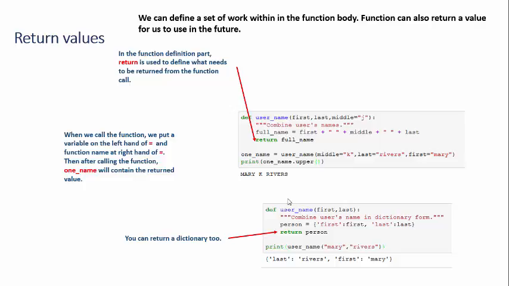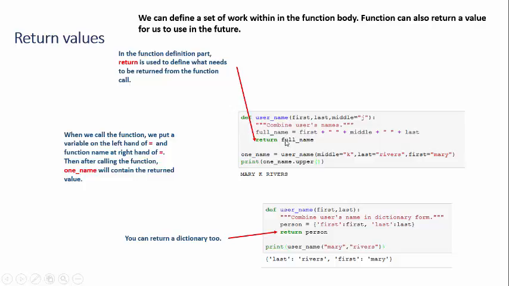So in this case, we're going to leverage the return value from a function. The return value is usually defined at the end of the function by the keyword return followed by a variable name. By doing this, when we call a particular function, that variable will be returned as the value of the function.